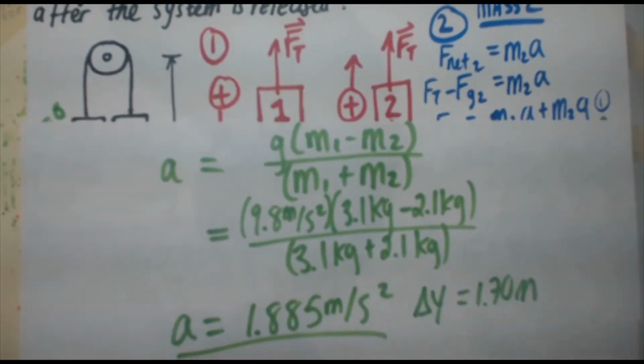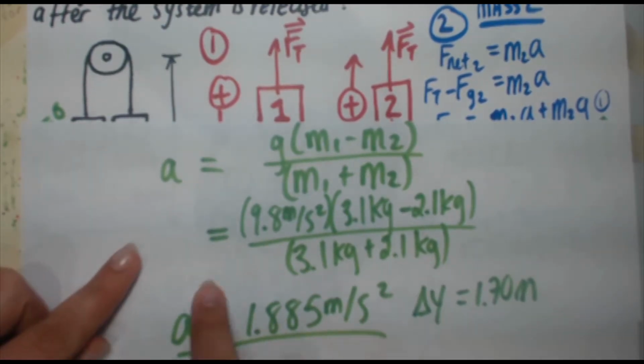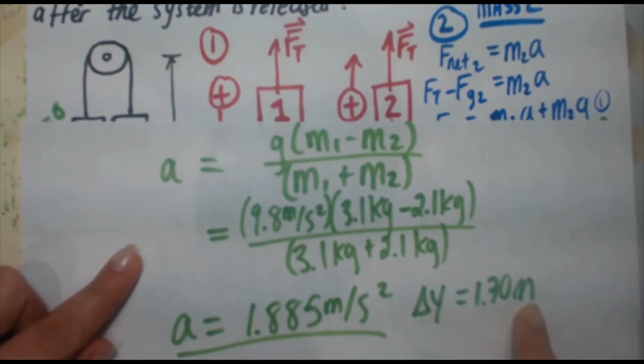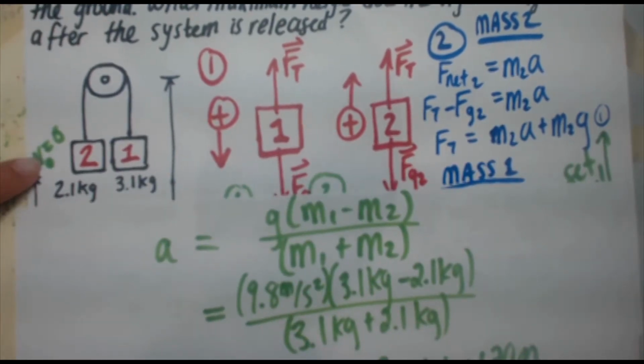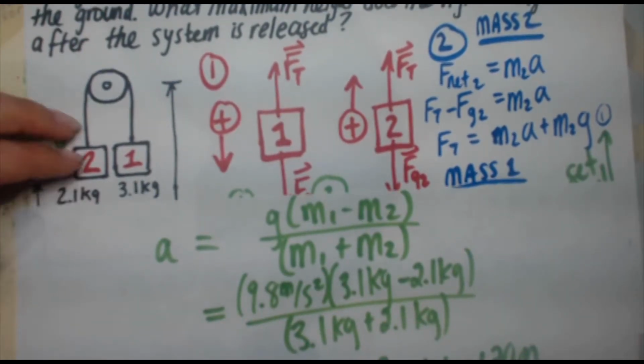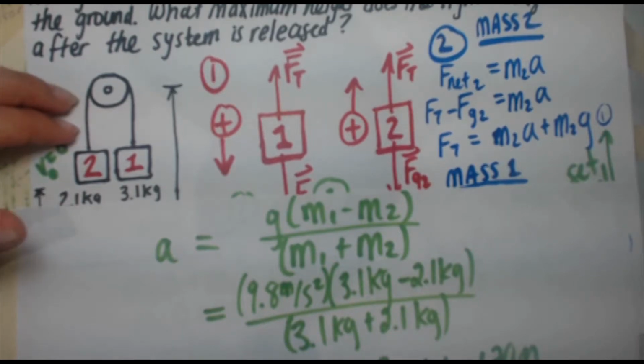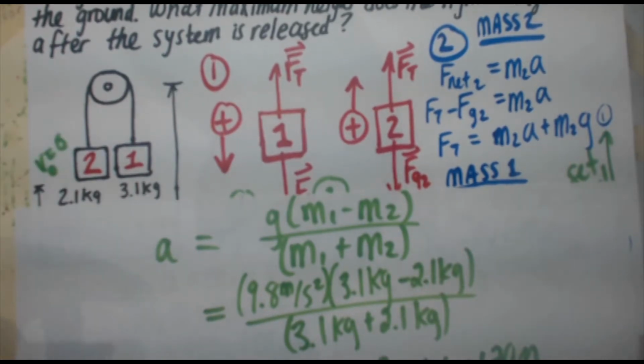And at that point, of course, it's going to be, we can call it free fall because only gravity is acting on it, no tension. But it's going to be undergoing this acceleration as long as there's tension in the string, for this many meters with this initial speed. So what we need to do is find the final speed once block 2 goes up 1.70 meters. Okay, that's the next step in our problem.